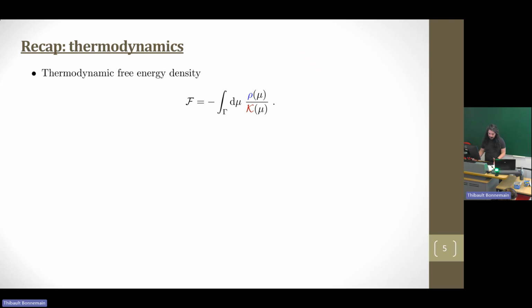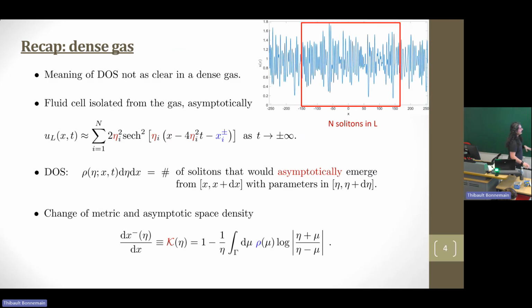Rho essentially counts the solitons within a window, and K characterizes this change of metric that allows you to express the impact parameters in terms of real space.